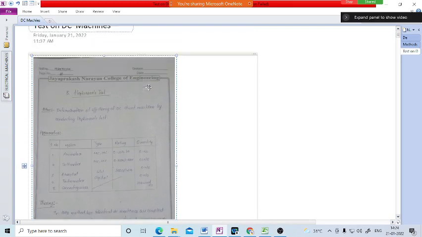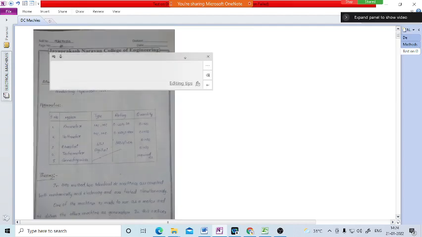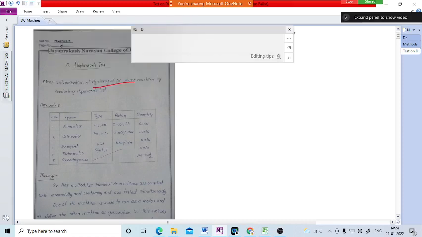Coming to the DC Hopkinson test, we determine the efficiency of the shunt motor by conducting the Hopkinson test. In this test we use two identical DC shunt motors.